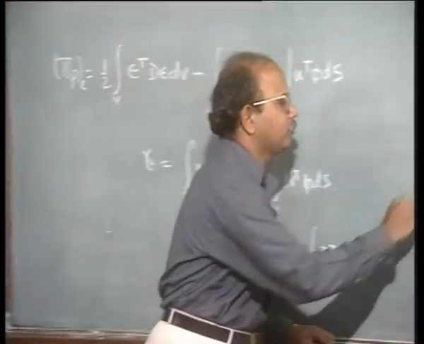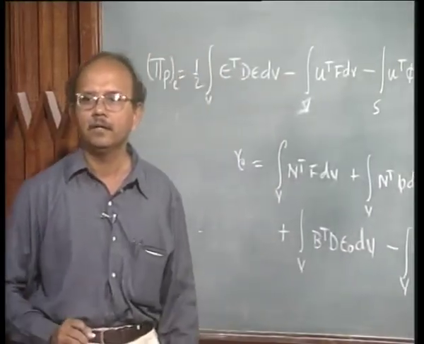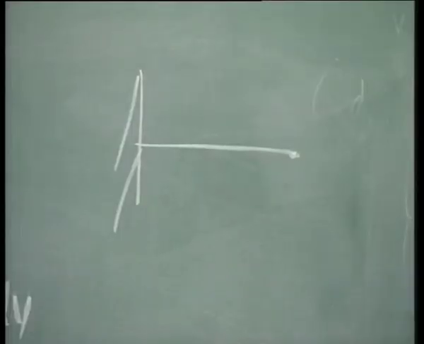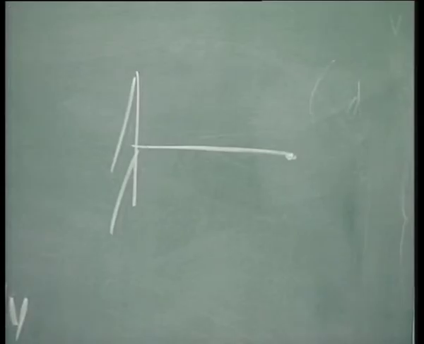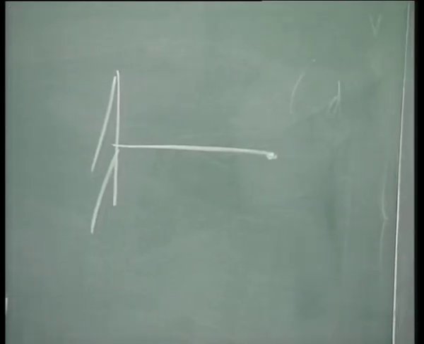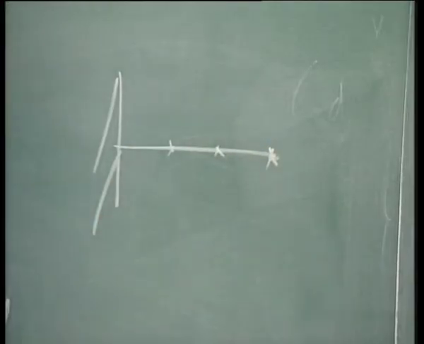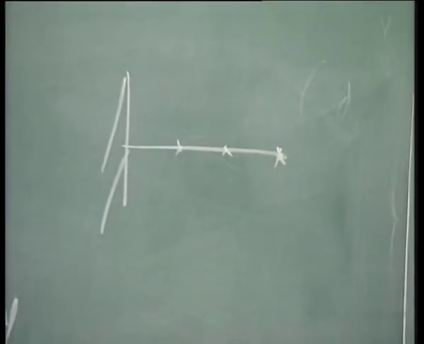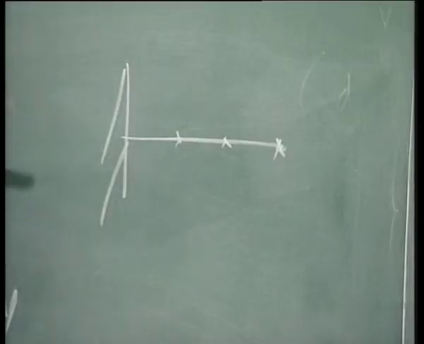Now let's get back to my old figure. Let us say I divide this into, how many elements shall we divide it? Say 4 elements or 3 elements, say. So 1, 2, 3, 4 nodes.